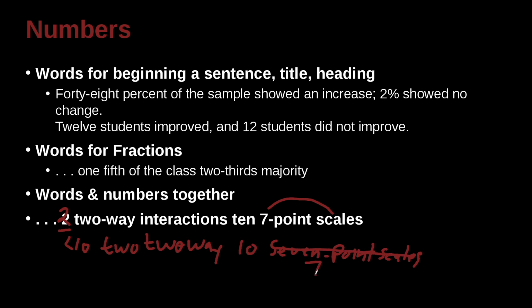So here we're going to say 7-point scales, and we're also going to use a hyphen because it's like a thing. And here we're going to use 10. Why? Because it's better than saying 10 7. Because if we wrote 10 7, it might look like 107. So that follows 2 different rules there. A little bit confusing, but the point is to make it clear and easy to understand.